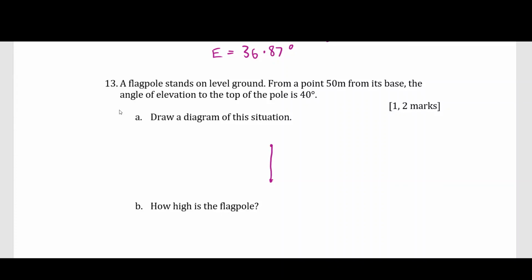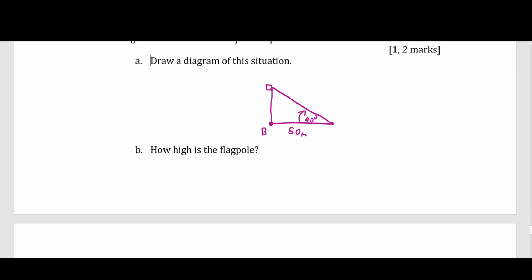And from a point 50 meters from its base, so there's the flag, here's the base. The angle of elevation to the top of the pole is 40 degrees. So there's angle of elevation up 40 degrees from this point 50 meters away. How high is the flagpole?